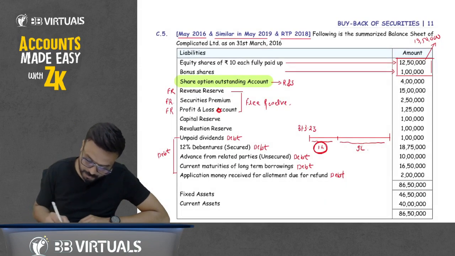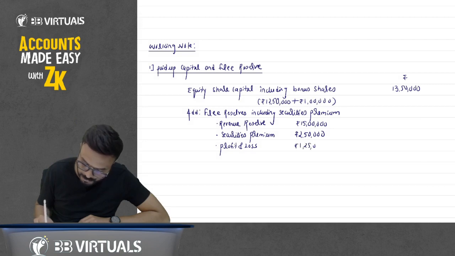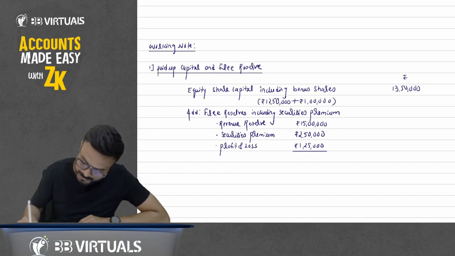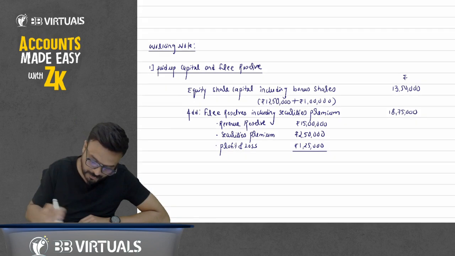Okay, then you have profit and loss account balance 1,25,000. So do the total of free reserve including securities premium. That is 15 lakhs plus 2,50,000 plus 1,25,000, that is 18,75,000.